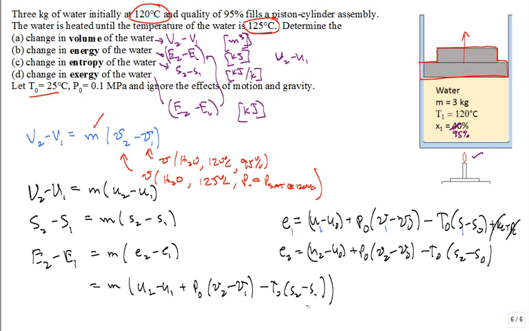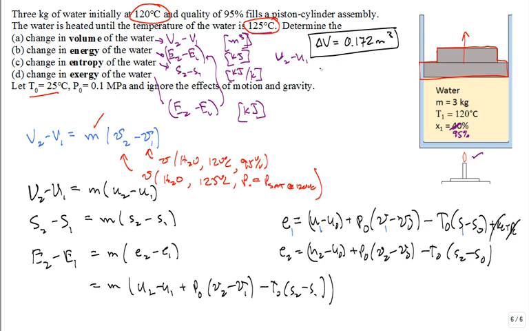Would you like numeric values for some of these answers so you can check them later? So for the change in the volume, I calculated it to be 0.172 meter cubed. Notice I use a box in units. All right?